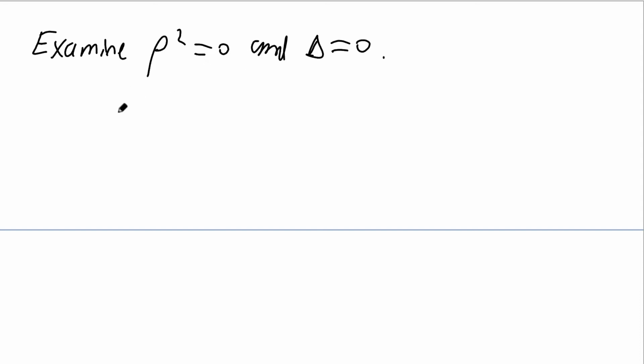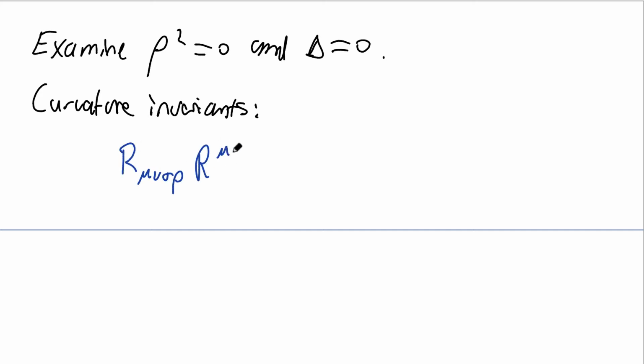And one way to do that is to examine curvature invariants. So for example, we can look at the square of the Riemann tensor, R^{μνσρ} R_{μνσρ}. And if we compute this for the Kerr geometry, what we find is an expression that looks like a complicated function of r and theta in the numerator divided by rho to the 6th power.